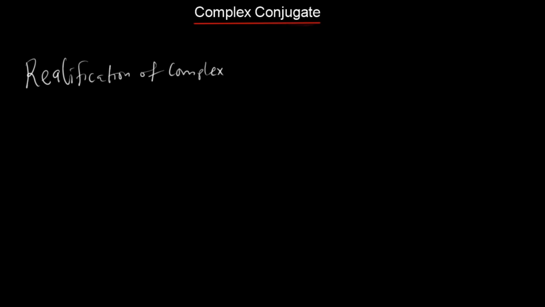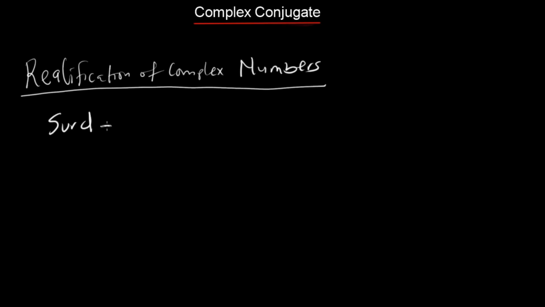Let me make this more bold. Of complex number. Now, if you recall, I said that in surds, whenever we are considering division in surds, we term this as rationalization of surds.